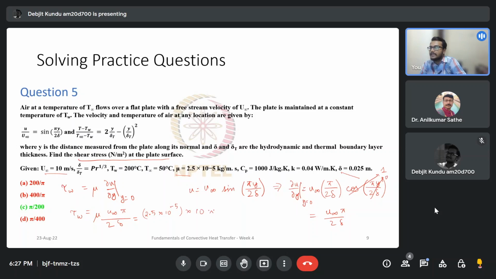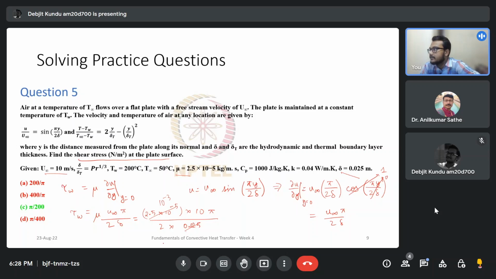We will keep pi as it is, since there is a pi within the options as well. So this is 2, and delta is 0.025. So this is nothing but 2.5 to the power minus 2, right? So we can cancel these out. So that would essentially be 10 to the power minus 5 by 10 to the power minus 2. So that would be 10 to the power minus 3 over here.